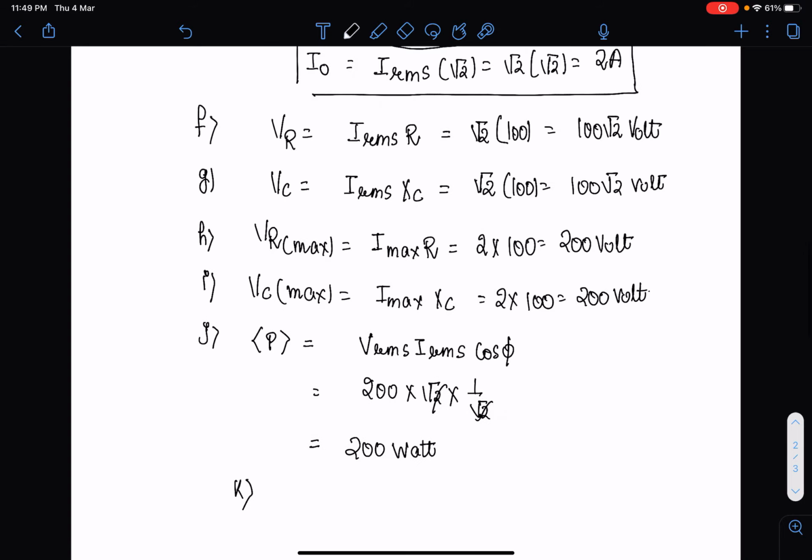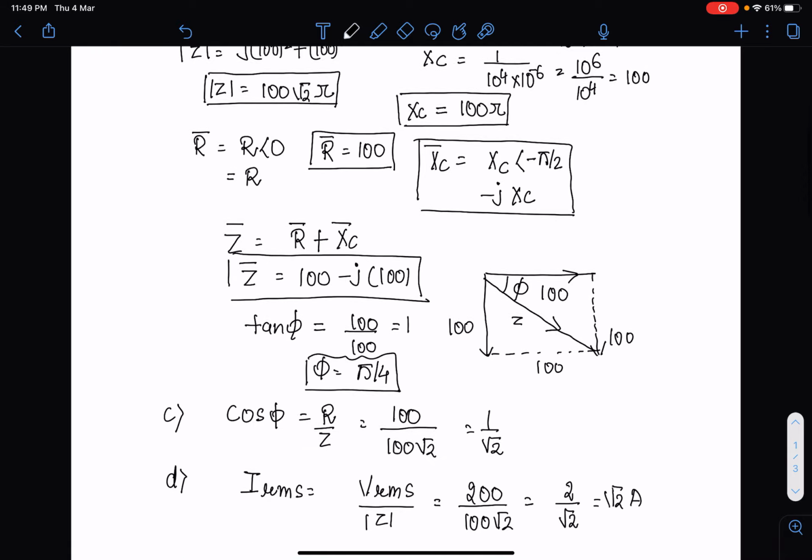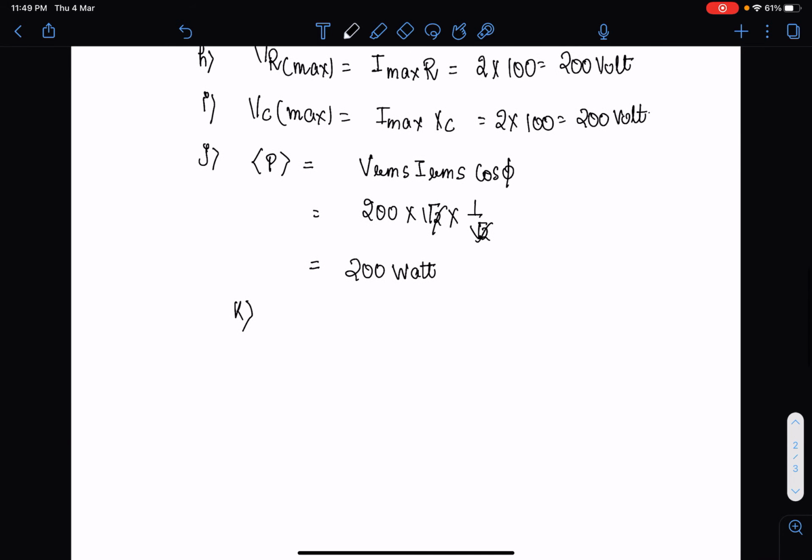Next part, they are asking the average power across resistance. Now the formula for average power is VRMS into IRMS into cos phi, right?